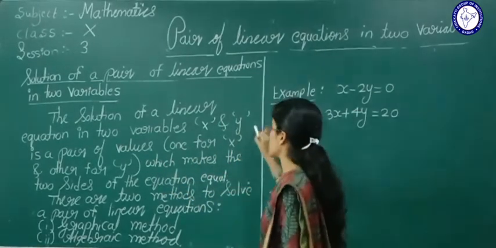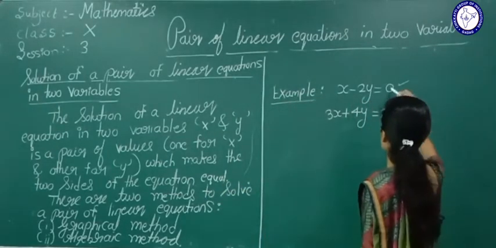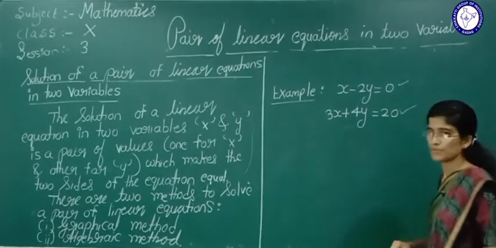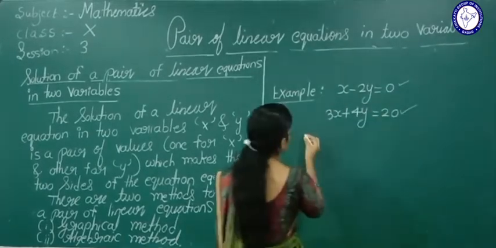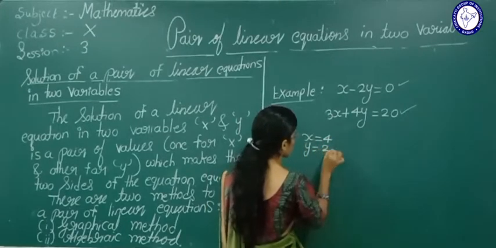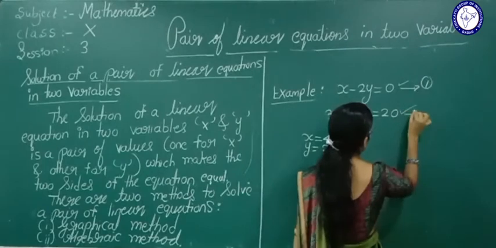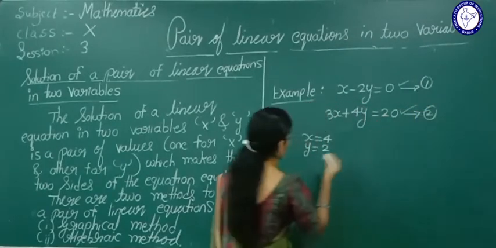For this I will give an example. What is the solution for this pair of equations? Suppose I took x value 4, y value 2. Substitute these values in equation 1 and equation 2.